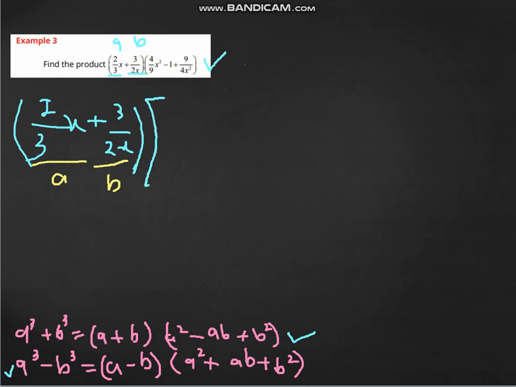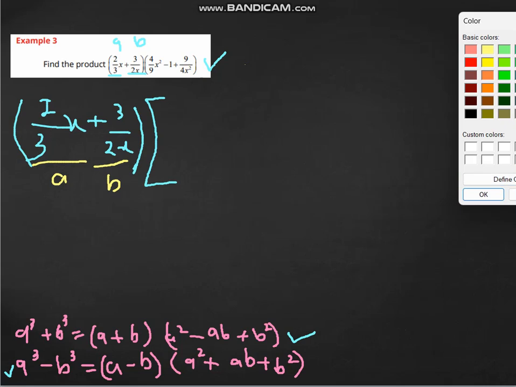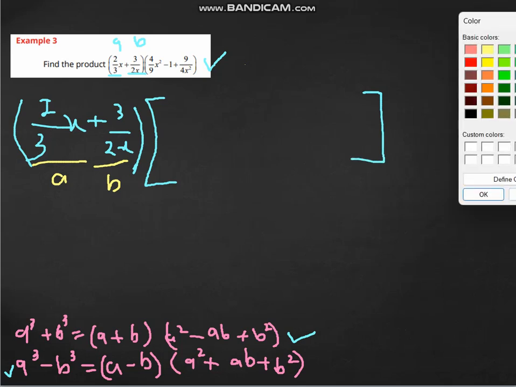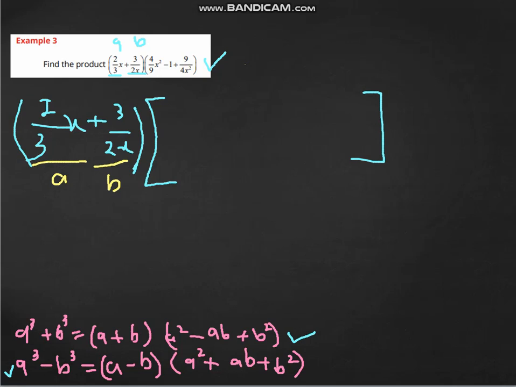Okay, so now let's do it again. First, 2 upon 3x squared, which means a squared, then minus ab, where a is 2 upon 3x, and b is 3 upon 2x.